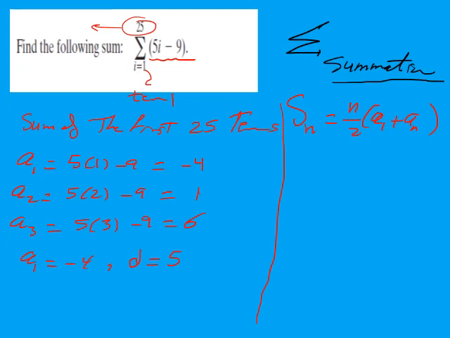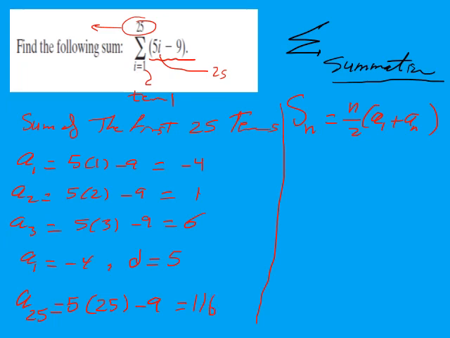So I need to find the 25th term, and the 25th term is 5 multiplied by 25 minus 9, as I replace i with 25. So 5 multiplied by 25 minus 9 is equal to 116.